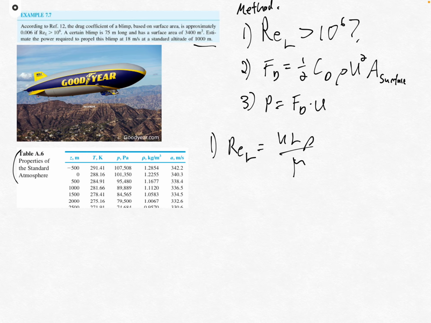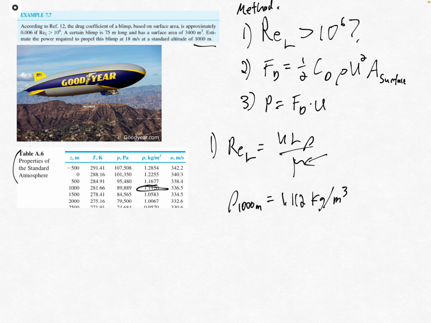At 1,000 meters, here's our density: rho at 1,000 meters is equal to 1.112 kilograms per meter cubed. But now we have to find the viscosity.